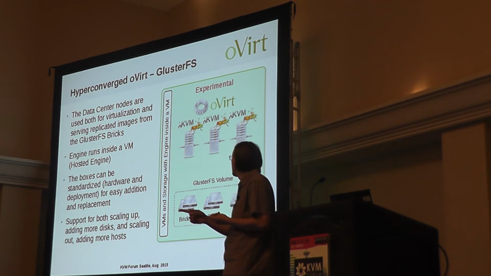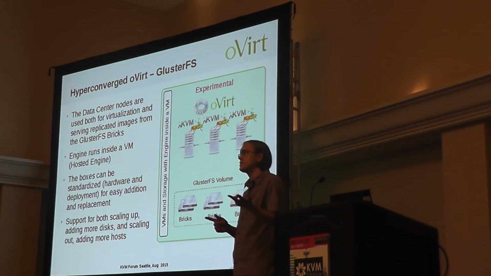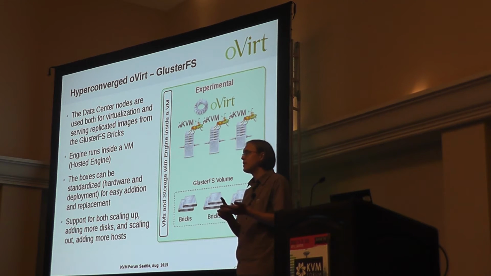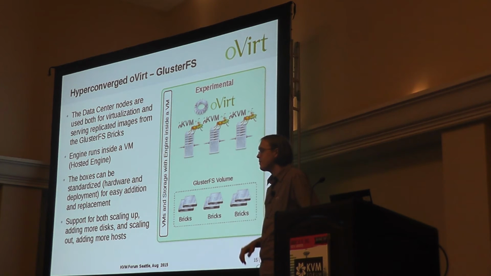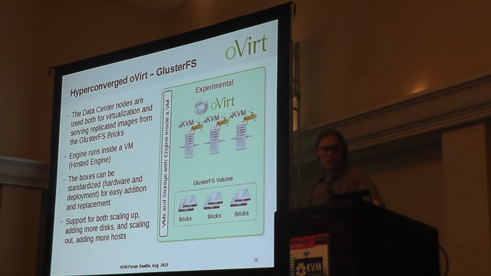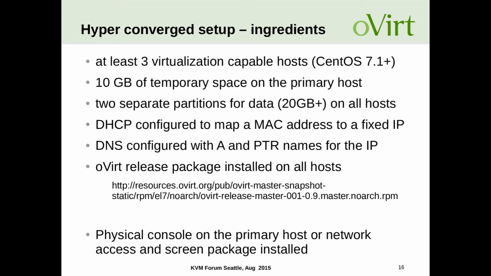So this actually allows you to run 3 hosts in your office, a very small scale office, and have storage, management, and the VMs with high availability of storage, of management, and of your VMs on that setup, which is one of the goals we had. So that's our plan. You can see everything is running on the same set of hosts. It allows you to do pretty nice things.